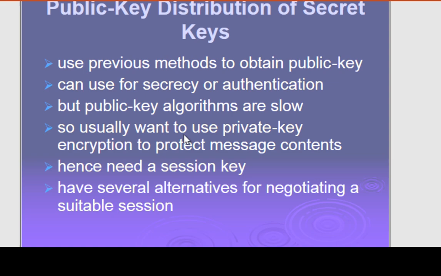But still, most organizations are not using public key algorithms because they are slower than the secret key, the symmetric key. The reason is the public key algorithm uses large keys, with key size of 512 bits or more. So it is very powerful. The public key algorithm provides greater security, but it is slow.